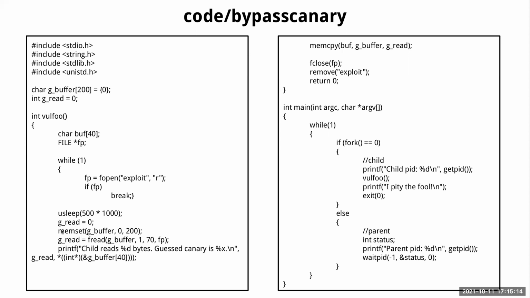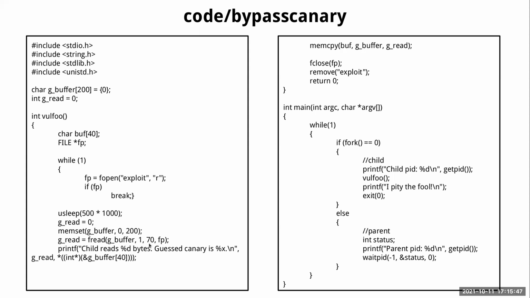Then there is a global variable for the read. Then there is a memset to set the global buffer, 200 bytes, to 0. Then we are going to read from the exploit file. We're going to read at most 70 bytes here. The buffer is 200 bytes, and we are only reading 70 bytes, so there's no buffer overflow at this line.